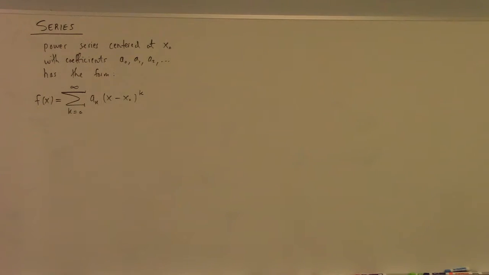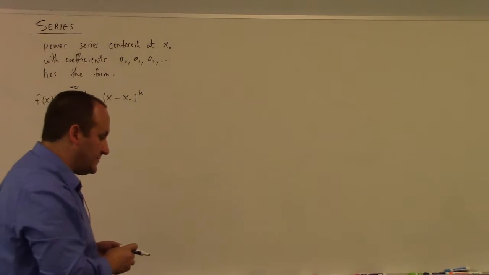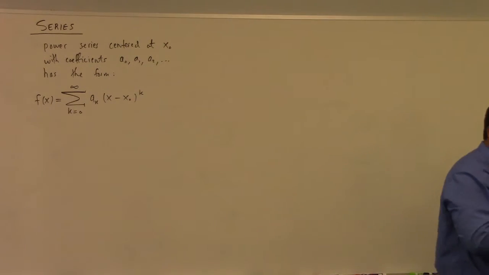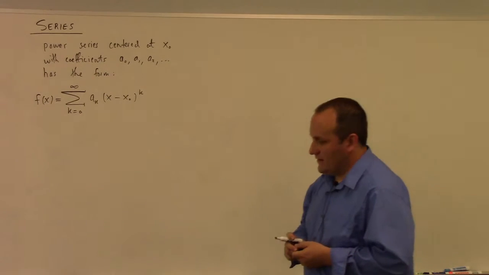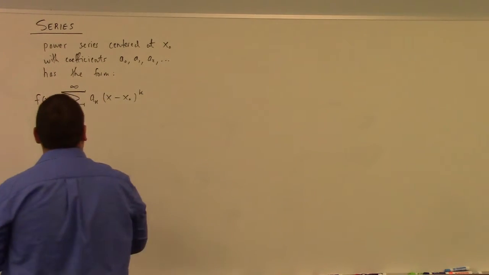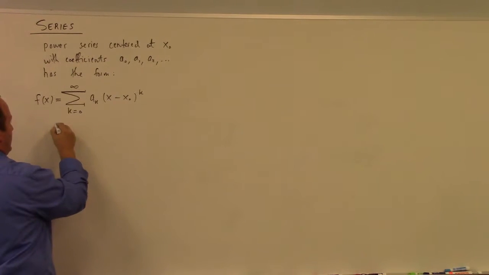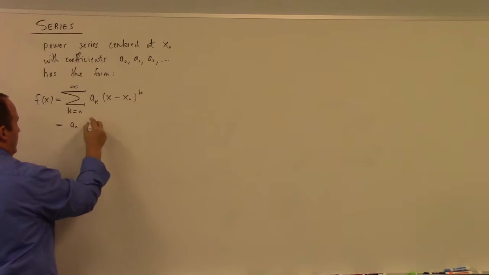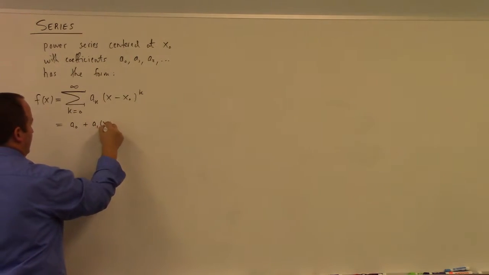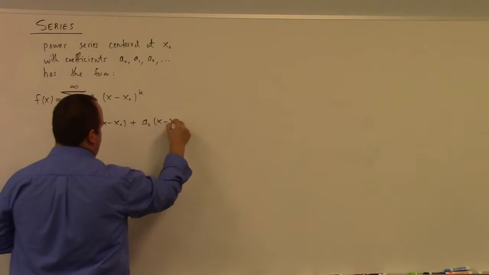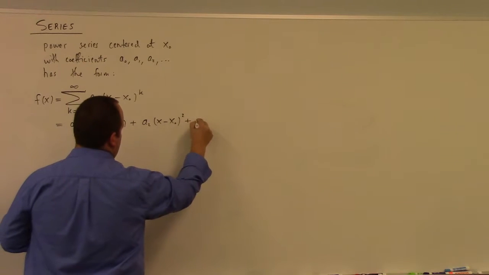So a power series is a function which is defined pointwise by a numerical series, right? These are very interesting things. Let me write this out a little bit more: a naught plus a1 times (x minus x naught) plus a2 times (x minus x naught) squared plus and so on.